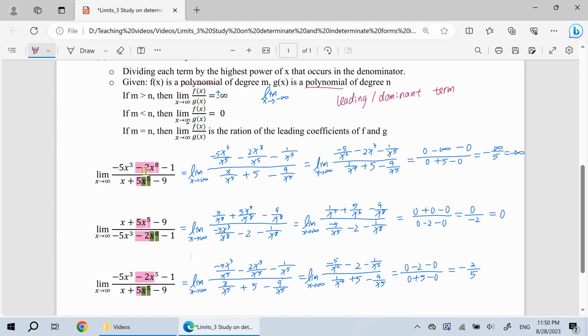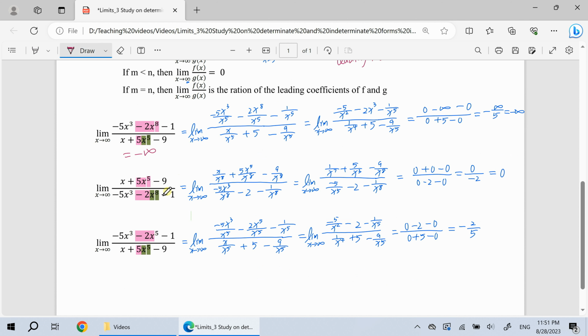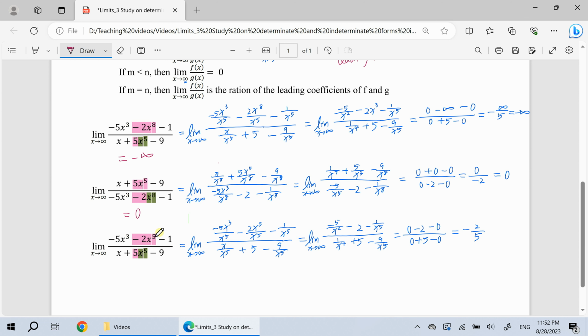Because this coefficient is negative 2, and here is 5, that's why this limit is negative infinity. And for this one, m is less than n, so it is a solid 0. Here both have the same degree, 5, so we extract the coefficients, negative 2 over 5.